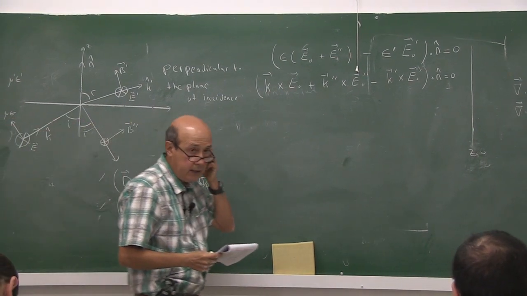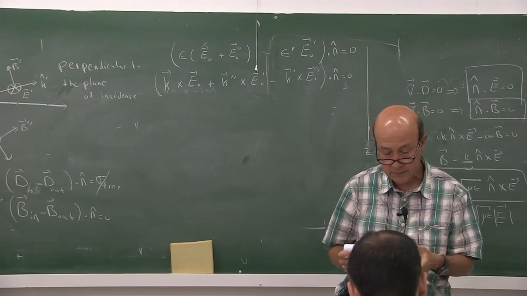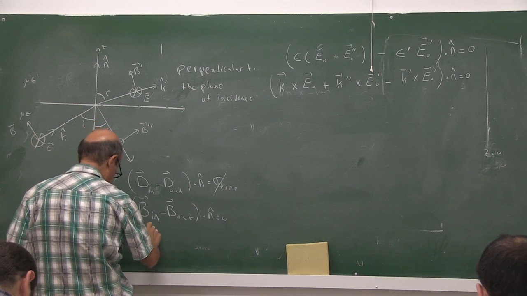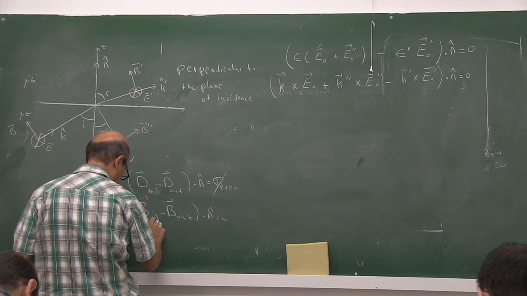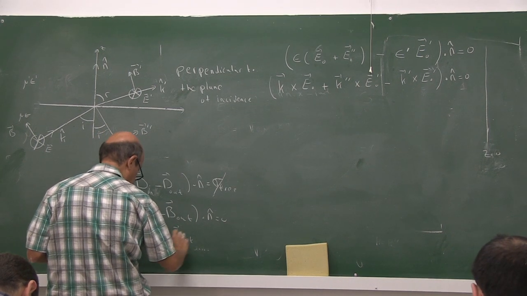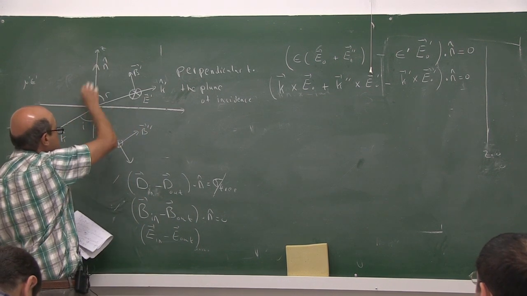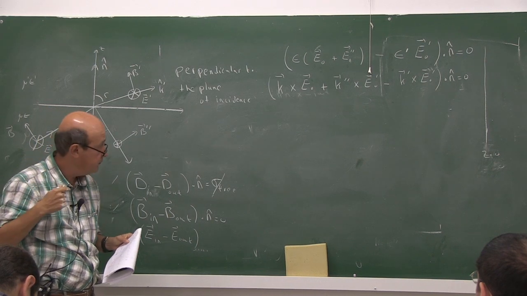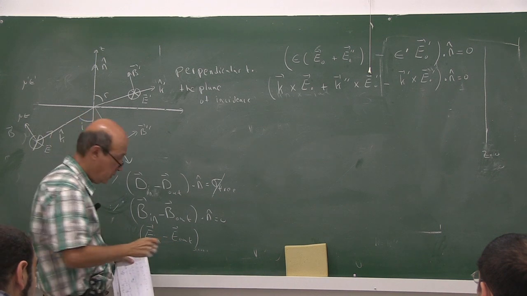And what else do we know? Now let us move on to the tangential components. Tangential components of the electric fields should be continuous. How do we make the tangential component? If this is the n unit vector perpendicular to the interface, you should take the cross product.